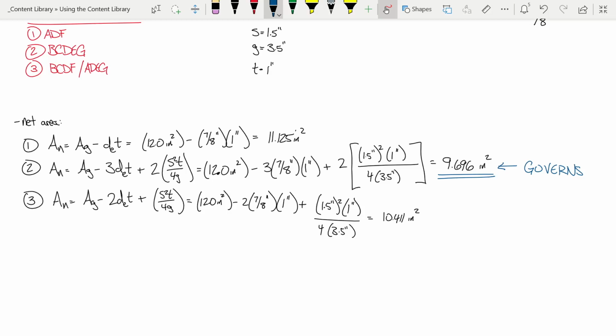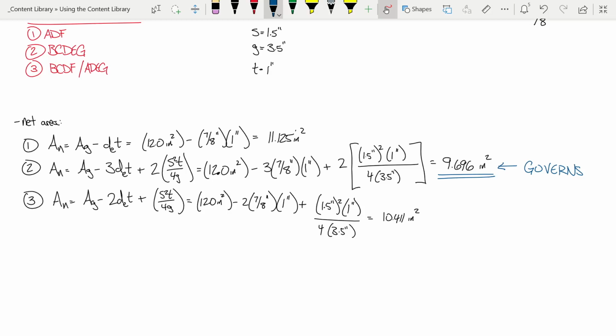That concept of one value or one limit state governing over others is incredibly important in structural engineering. For example, with tension members we have multiple limit states: gross section yielding, net section fracture, block shear rupture, bolt bearing, bolt shear, etc. They're not all going to have the same capacity. One of them is going to be lower than all the others, and that's the one that's going to govern our behavior.